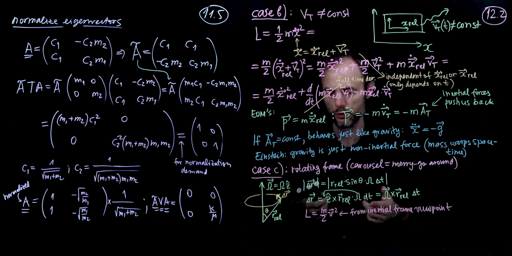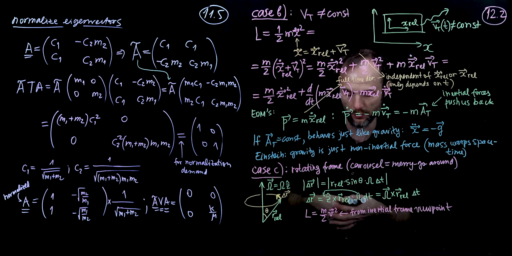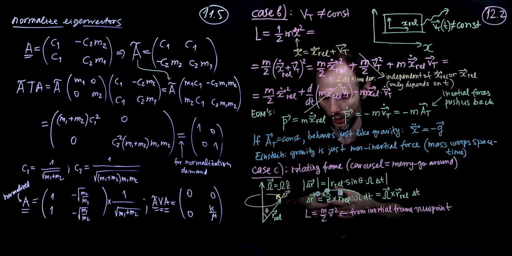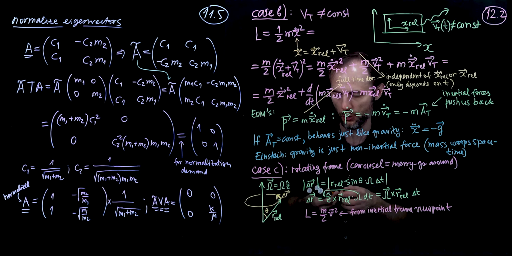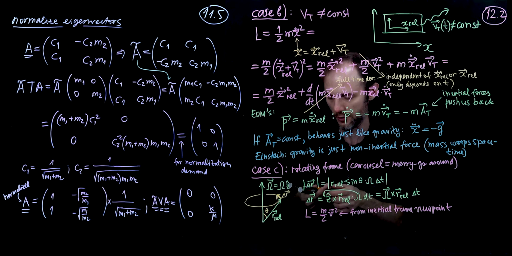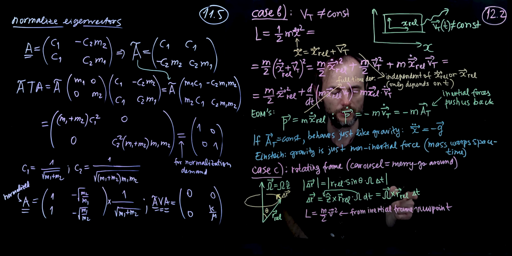So if we were to try and switch from v to vrel, the velocity as viewed from the rotational frame, how can we do that? We can definitely do that using this relationship, because delta r over delta t will give us v.